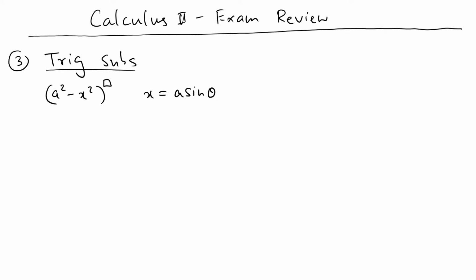So remember the order is a squared minus x squared, and then we know that the derivative is going to take the form a cosine theta d theta. And then we have a squared plus x squared to some power, positive, negative, half, anything you like. So x equal a tan theta.